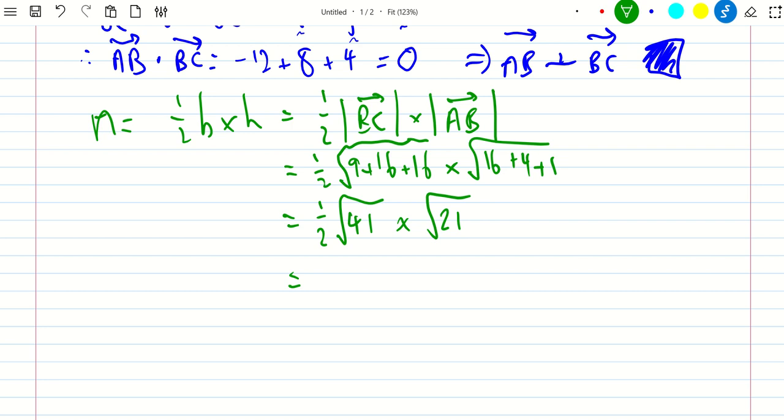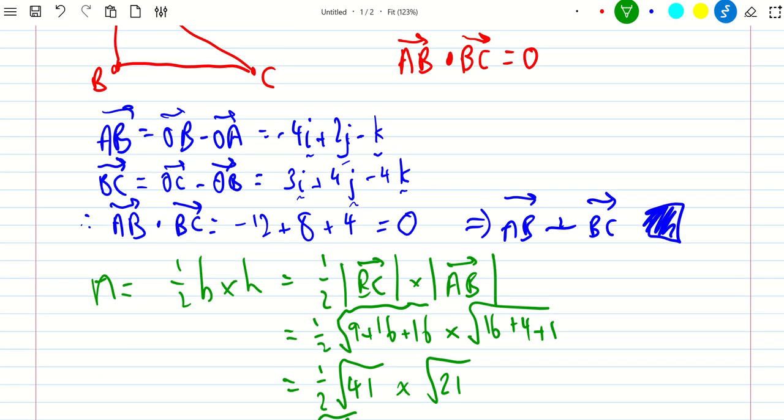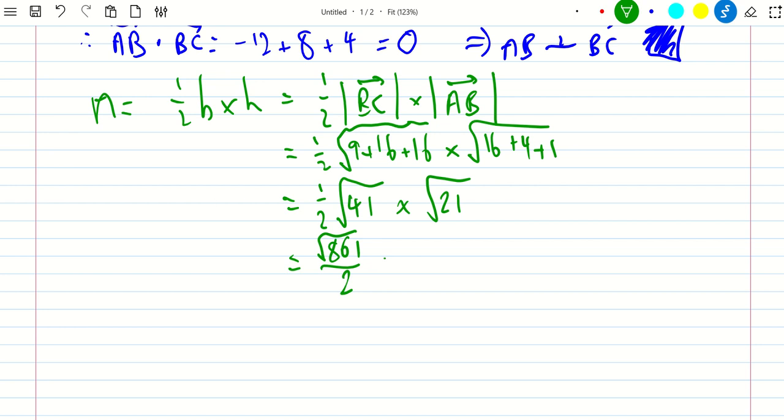That's 861. So it's root 861 over 2. We haven't been given any units in the question. And so we've got an area, and that's units squared. So that will be the answer for that one. Hope that makes sense. See you in the next video.